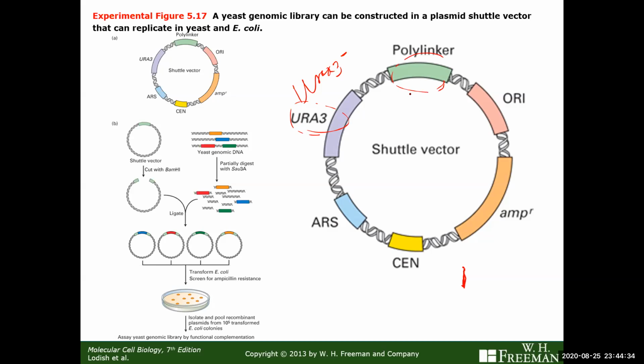So this is what is shown here, that you have the yeast genome, you digested with something like Sau3A, which is a tetracutter. You'll typically get fragments of around 300 nucleotides or so.